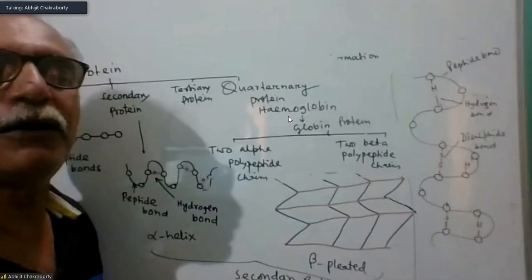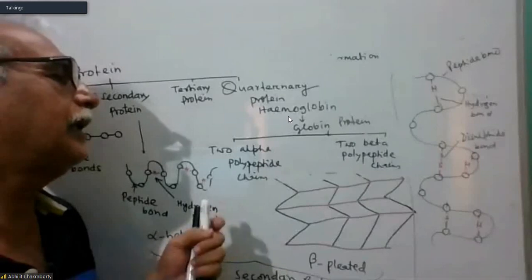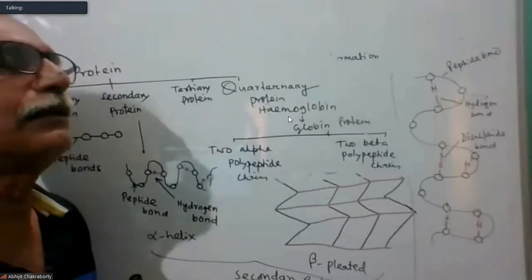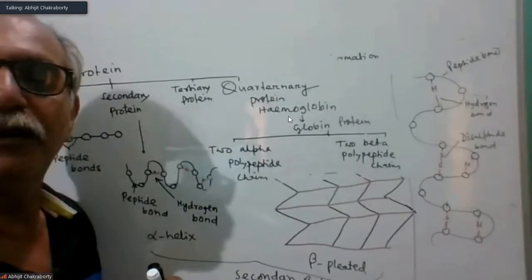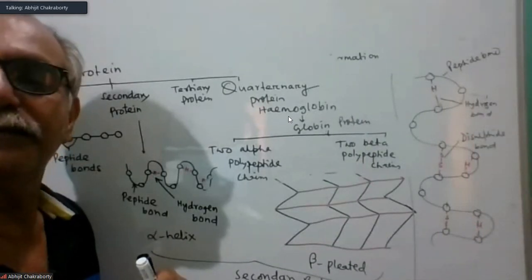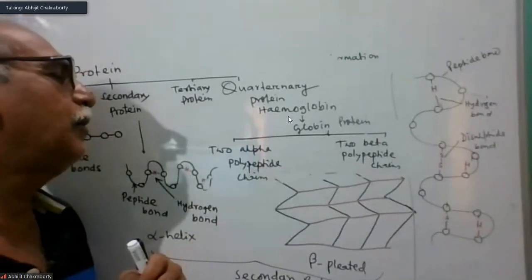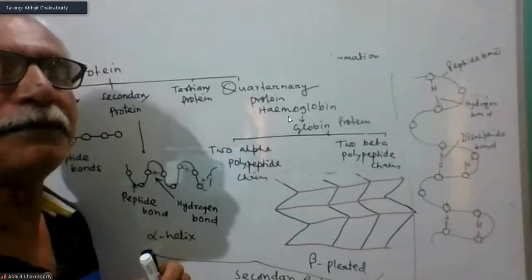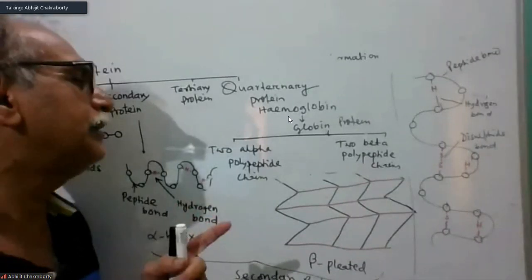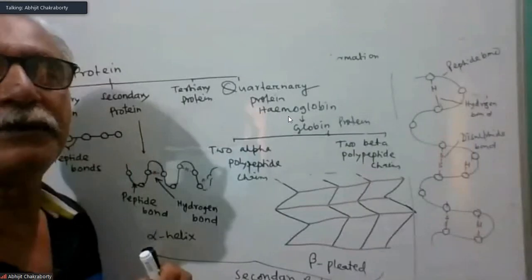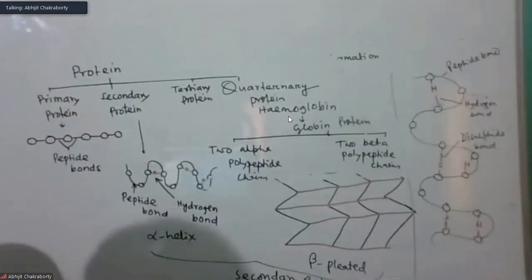Each alpha polypeptide, each beta polypeptide is a tertiary protein. And whenever they are linked by hydrogen bonds, a quaternary protein is formed, which is called globin protein. Is it clear? Each polypeptide chain is a tertiary structure, and whenever they are linked to each other, a quaternary structure is formed. That's why globin protein is an example of quaternary protein.